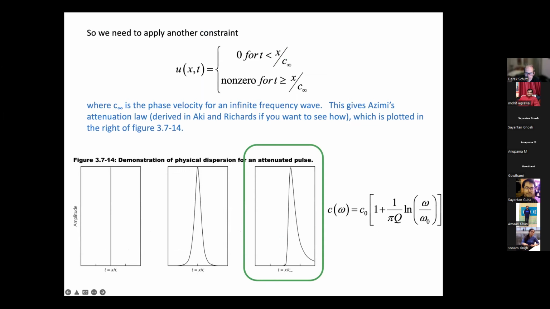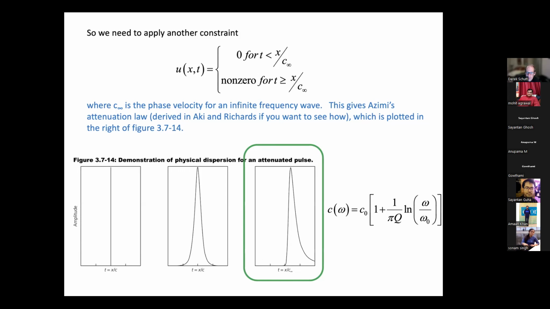But if energy is coming in before the travel time equals distance over velocity, that means it is traveling at a higher velocity than is observed in the substance, and we would say that's incorrect. So what we want to do is apply a constraint that produces something like this, that says no energy is traveling before the distance over velocity.